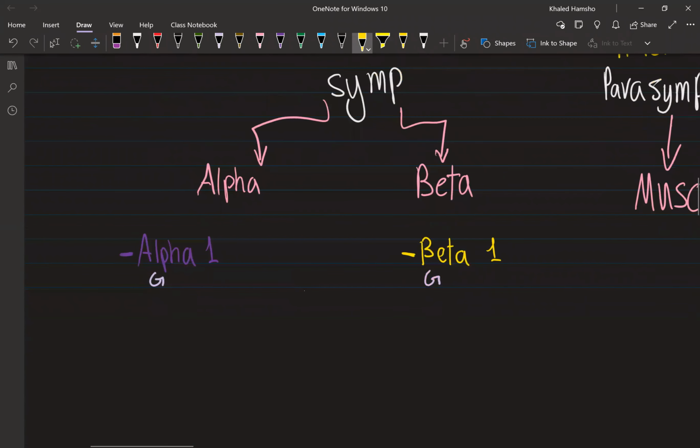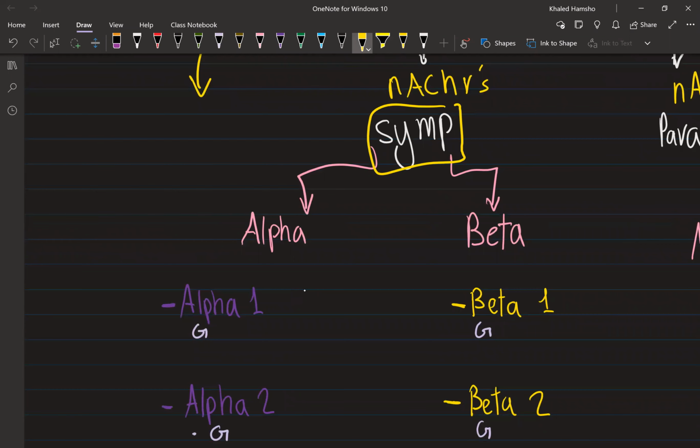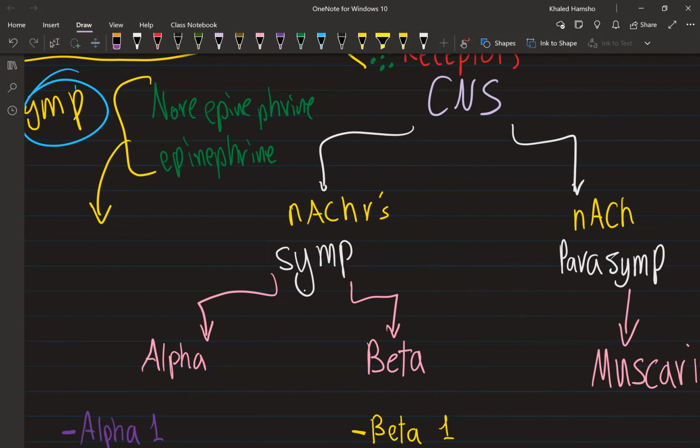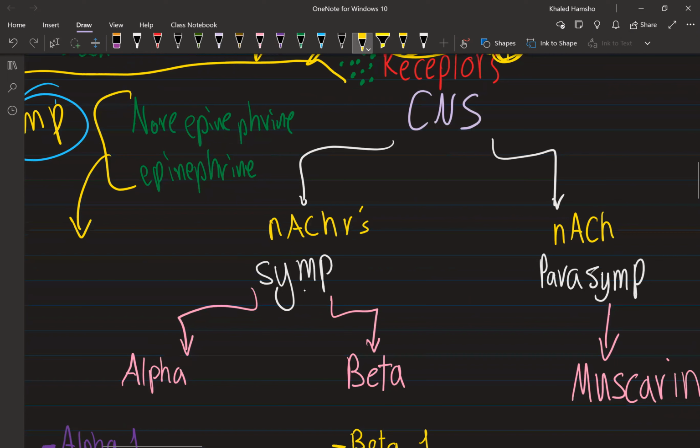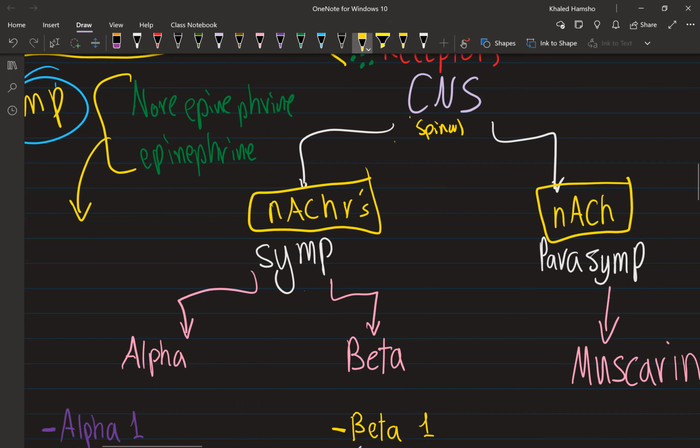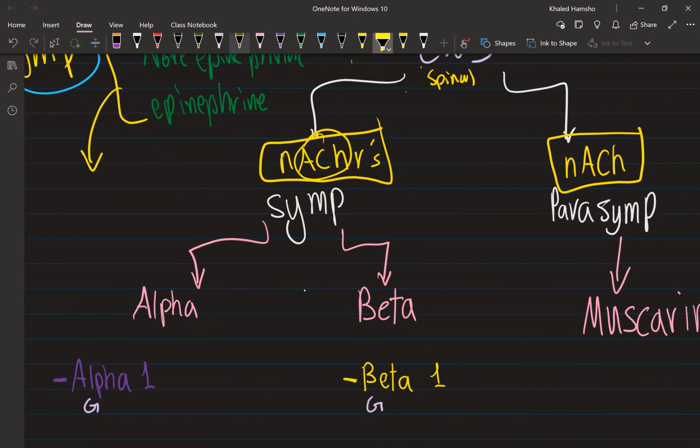So in the sympathetic nervous system, let's start from the diagram over here. We said for the sympathetic pathway, the neurons come out from the CNS or the spinal cord as the preganglionic neuron. This neuron uses nicotinic receptors, the same thing over here, nicotinic receptors. These use acetylcholine and they stimulate the second neuron, which is adrenergic in this case, or sympathetic.